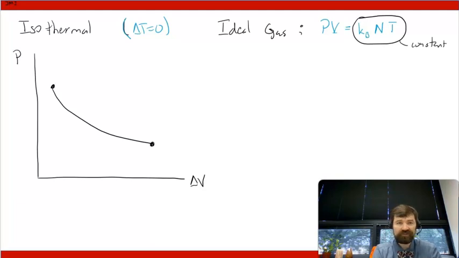So that means that P is equal to a bunch of constants, K_B N T, over V. All right, so if I was going to plot P versus V, or delta V, I would get a y equals 1 over x kind of graph. So this is, in other words, proportional to 1 over volume.